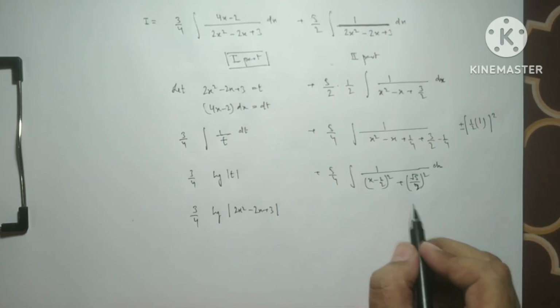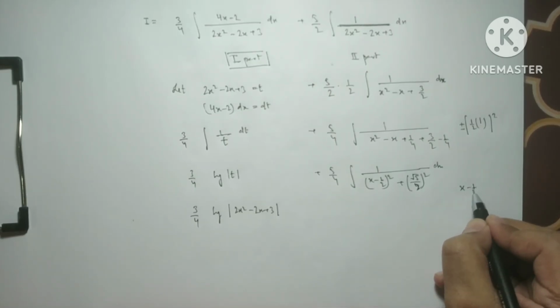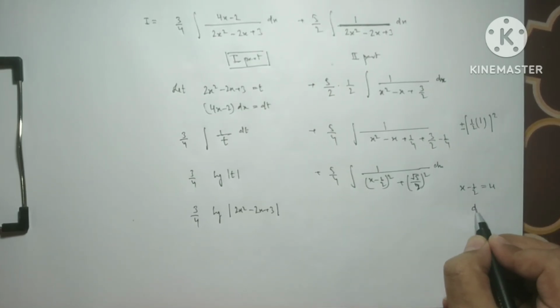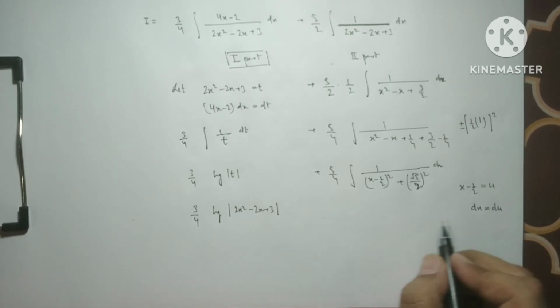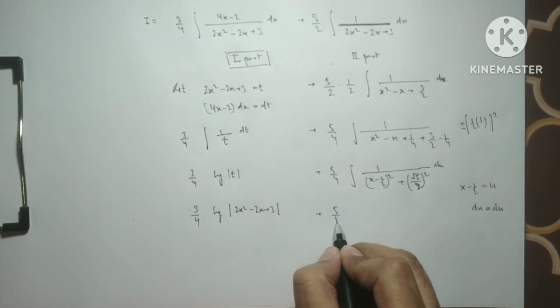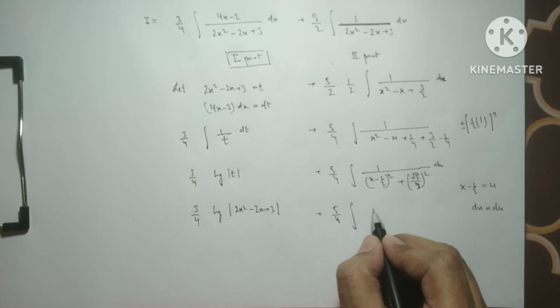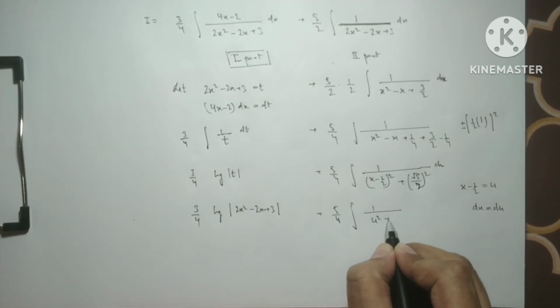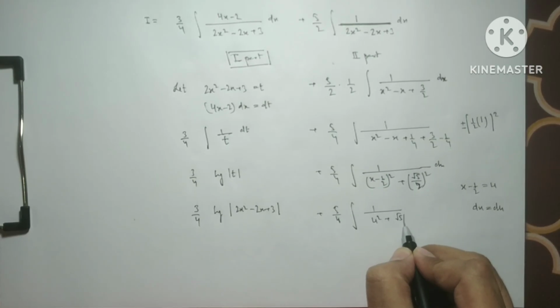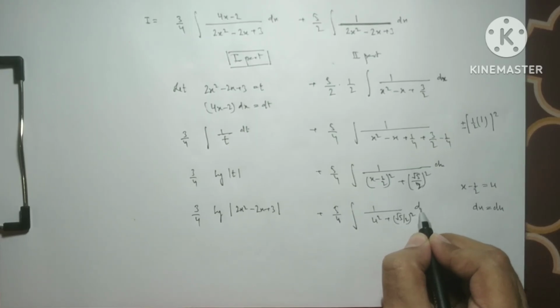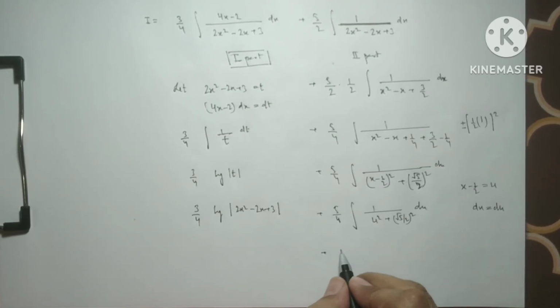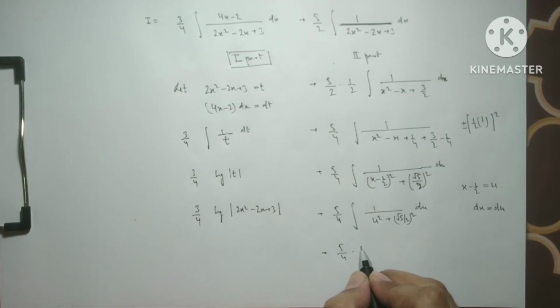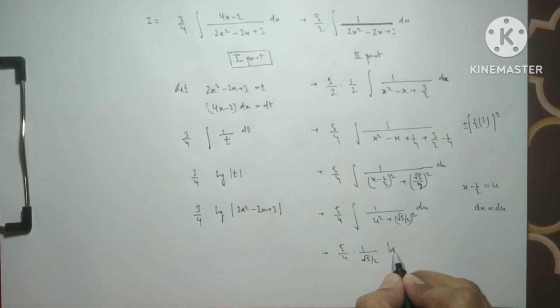And when we consider x minus half as u, this is dx equals du, and this is 5 by 4, it is 1 over u square plus root 5 by 2 square du. So this is the formula of tan inverse. So it is 5 by 4, 1 over root 5 by 2, and this is tan inverse u over root 5 by 2.